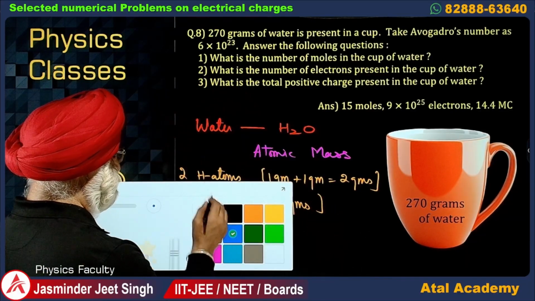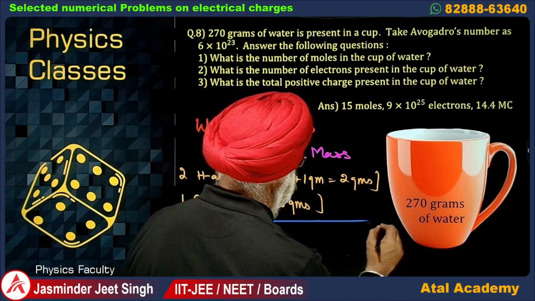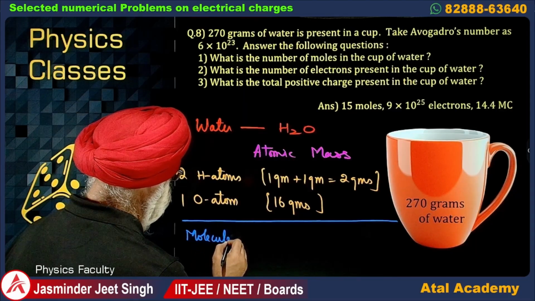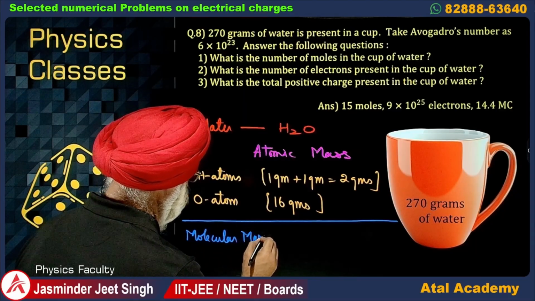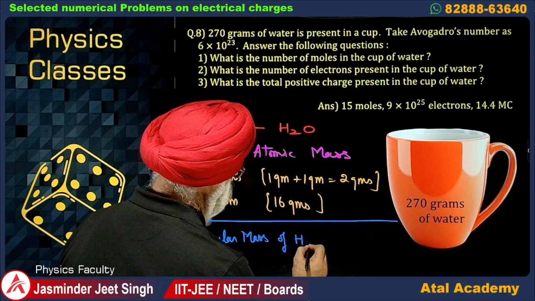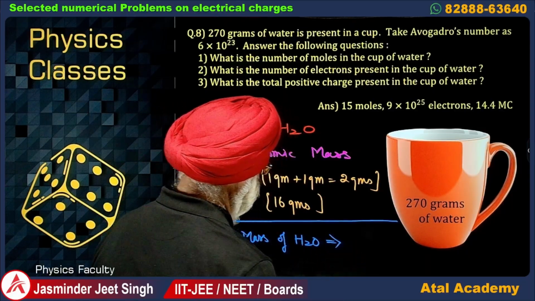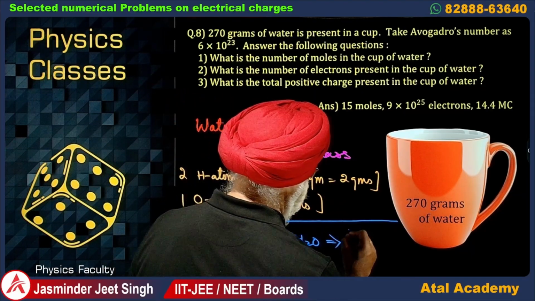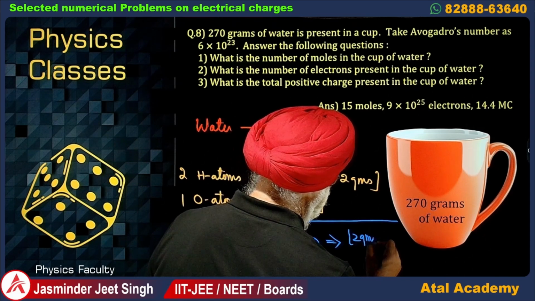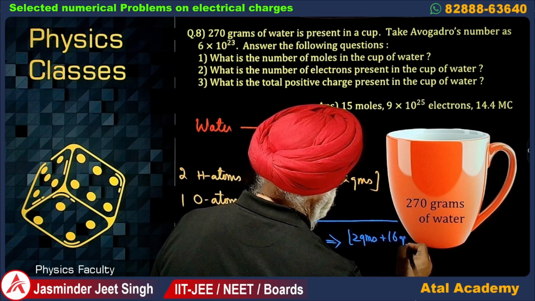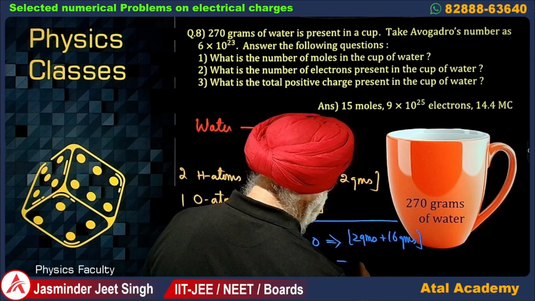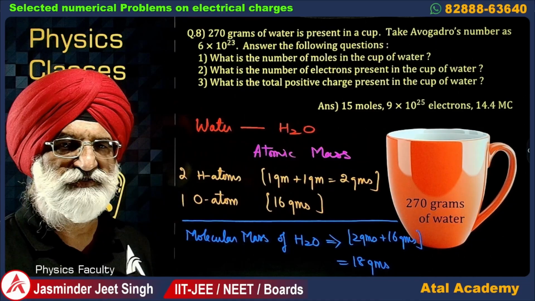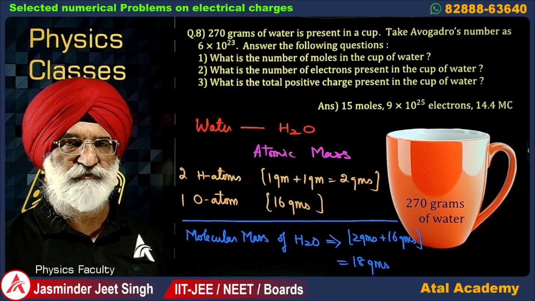It means that the total molecular mass of H2O, water, is equal to 2 grams plus 16 grams. It will come out to be 18 grams. 18 grams is the molecular mass of water.